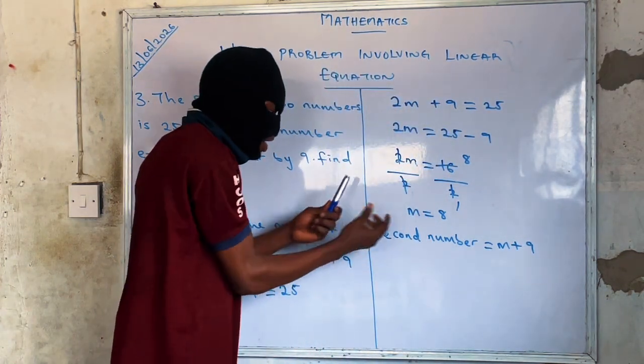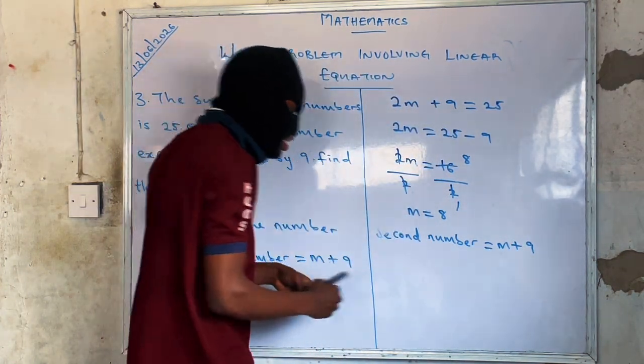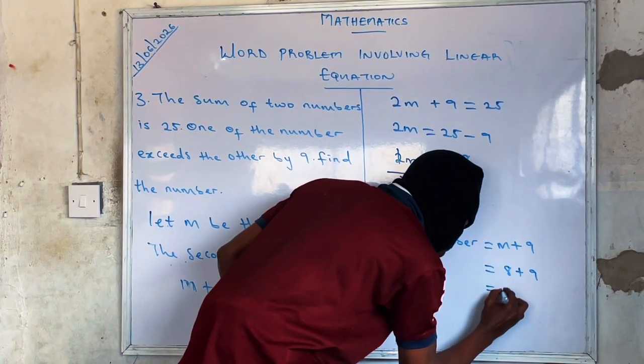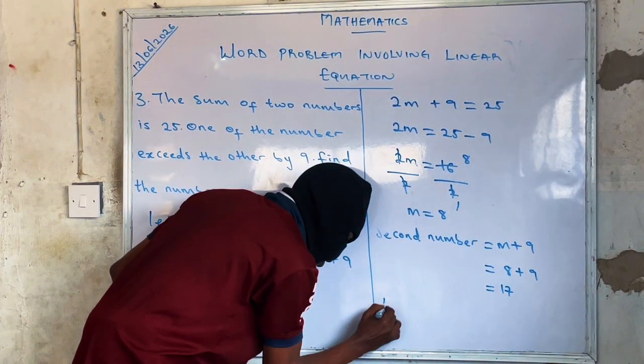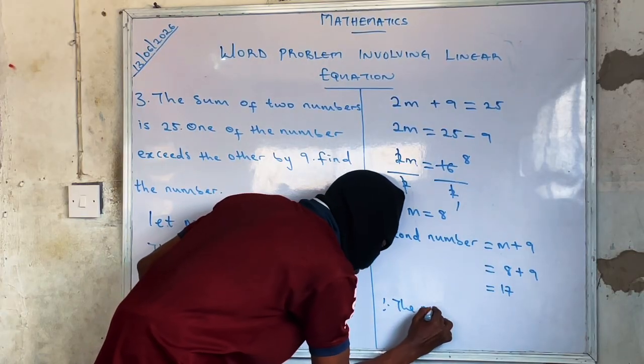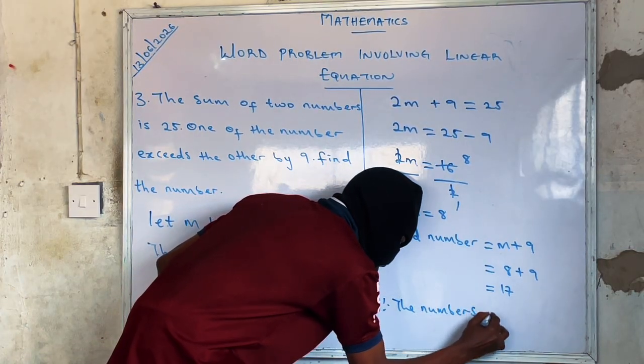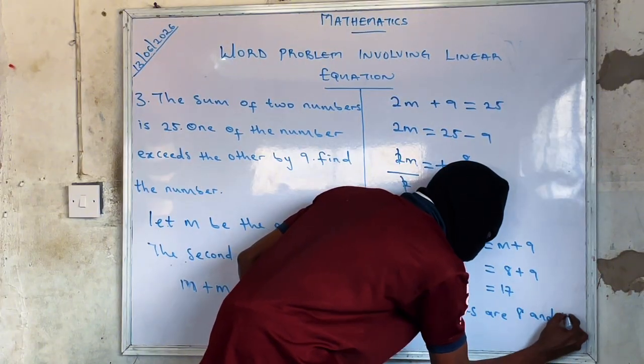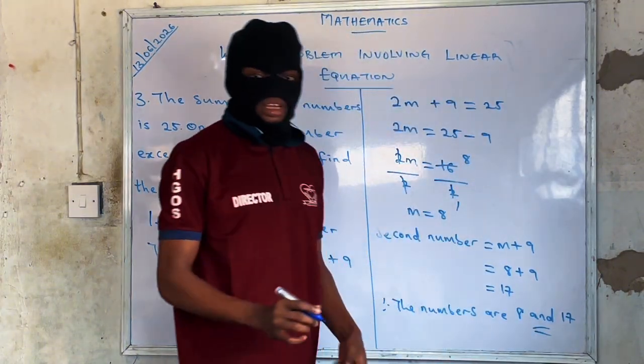But our M, we already found, is equal to 8. So it is 8 plus 9, which will give us 17. Therefore, the numbers are 8 and 17. Very, very simple.